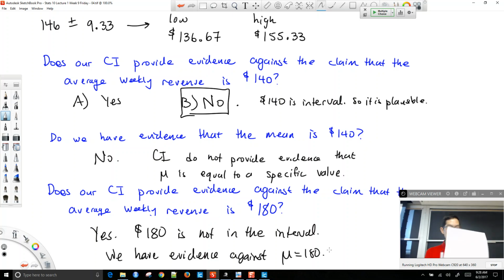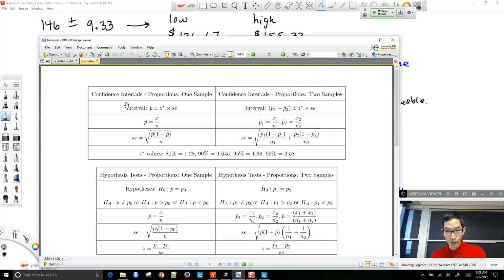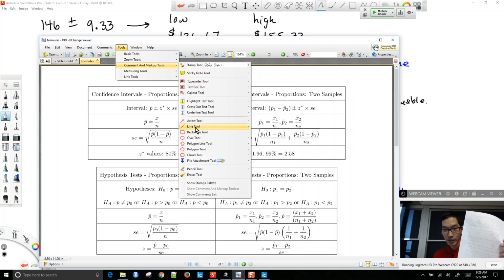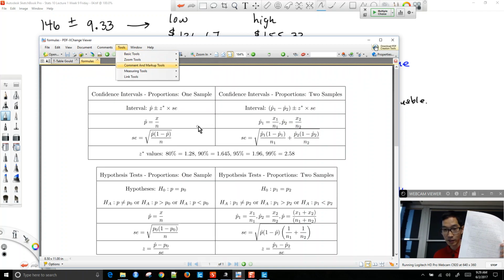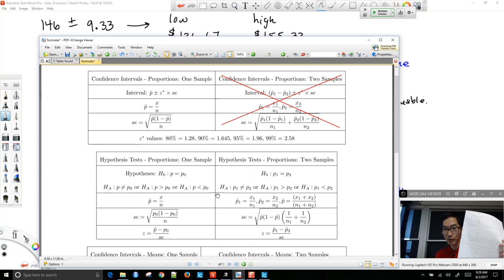So on the formula sheet, I guess I'll just highlight this. Okay, well, first of all, with the formula sheet, we did not cover confidence intervals, proportions, two samples. You can put a little X through that if you want. The other stuff we have done, okay?